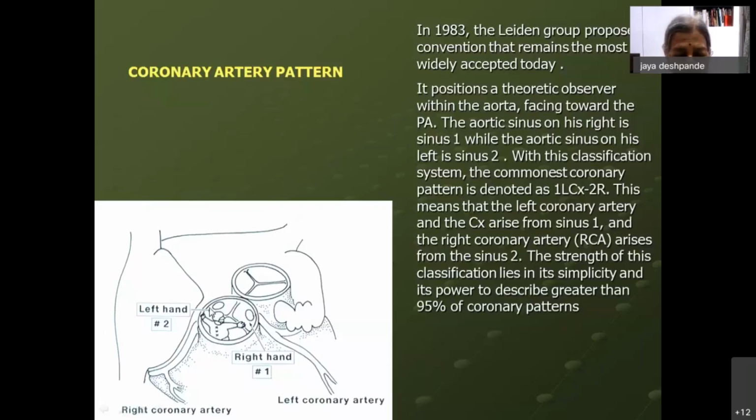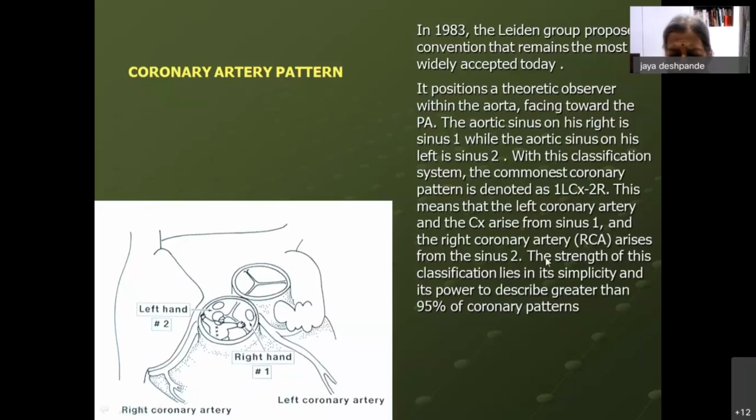The aortic sinus on the left side will be the left sinus. So with this classification, the commonest coronary artery pattern is denoted as 1LCX. That means from the first sinus, right sinus, you will have the left main coronary and the circumflex, and from the second sinus, you will have the right coronary artery.